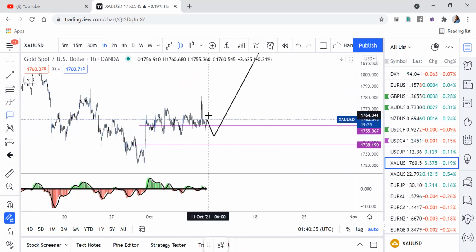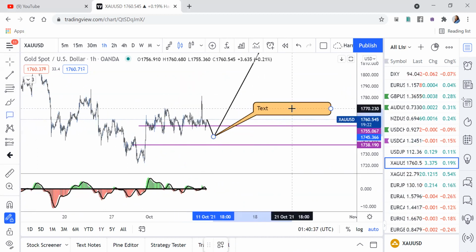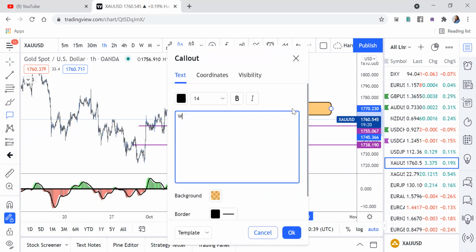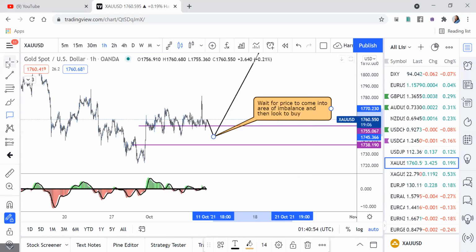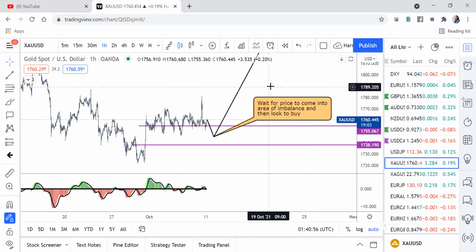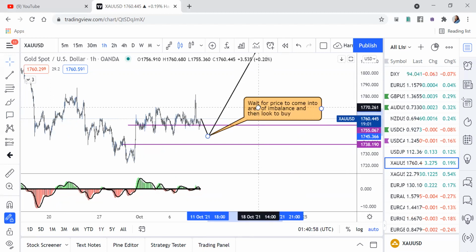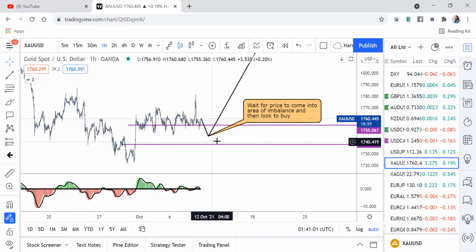All right, so wait for this. So wait for that. Let gold come into the area of imbalance, and then we could look to buy.